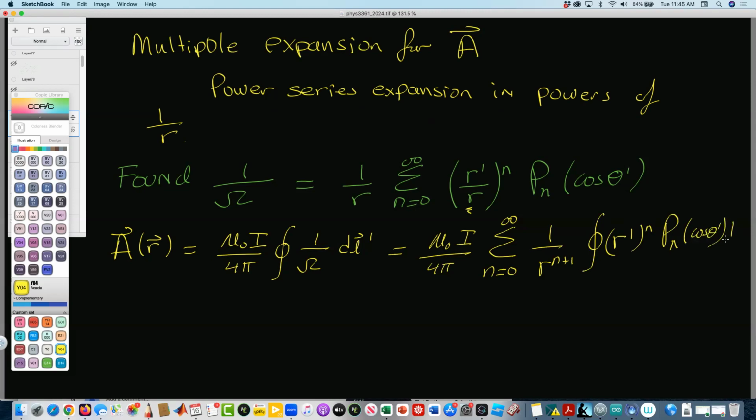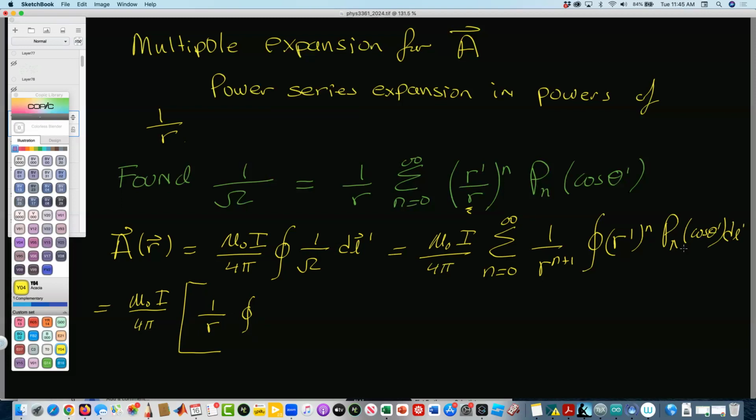Okay. And just to write out the first couple of terms, we get mu 0 I over 4 pi. And then the first term is the n equals 0 term, so 1 over r. And this becomes the integral, and when n is 0, P of cosine theta prime is just the function 1.